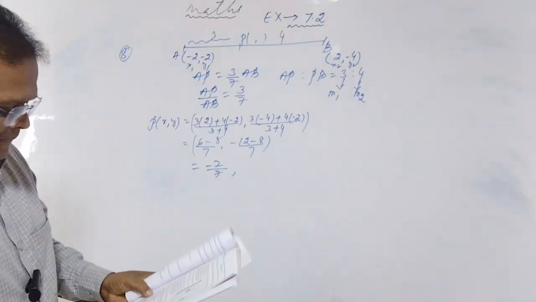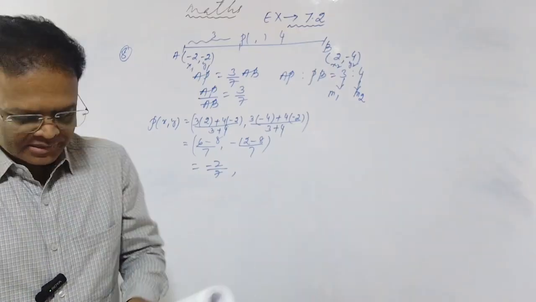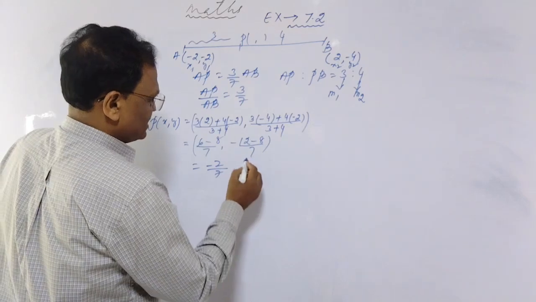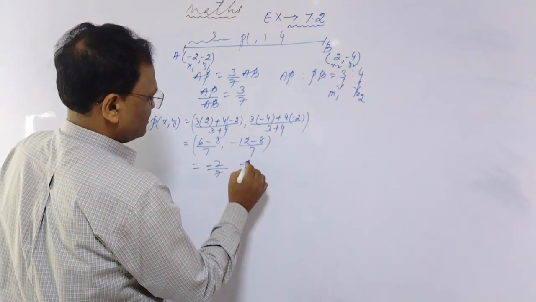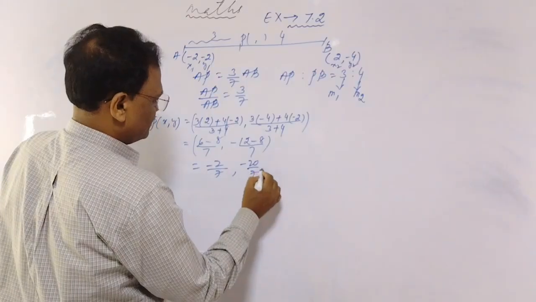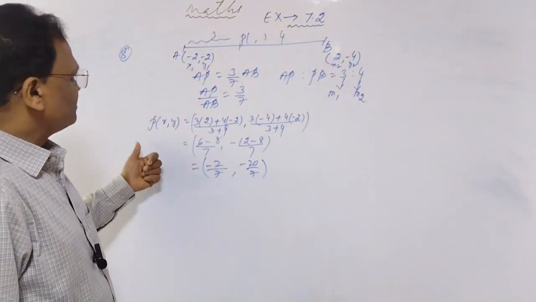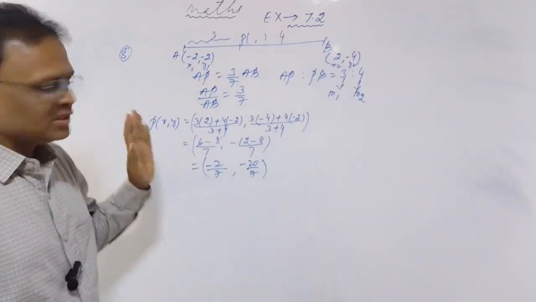First one is minus 2, minus 2, and 2 comma minus 4. Okay, right. Minus 2 by 7, this is minus 12 minus 8, minus 20 by 7. So this is the coordinates of the point P, or what is asked. Over. So question number 8 is over.